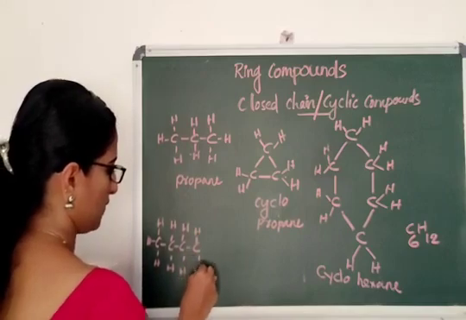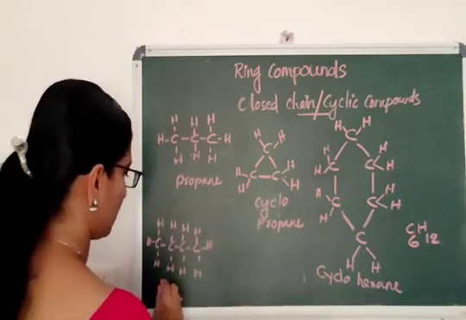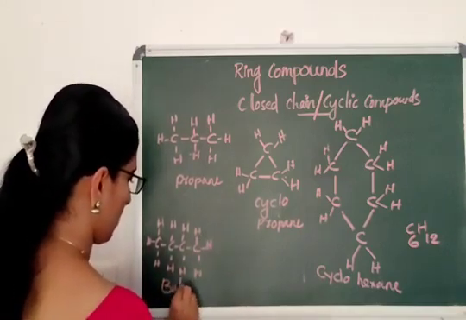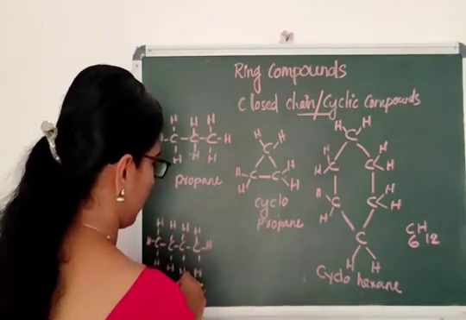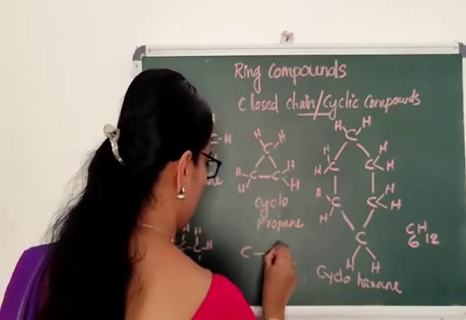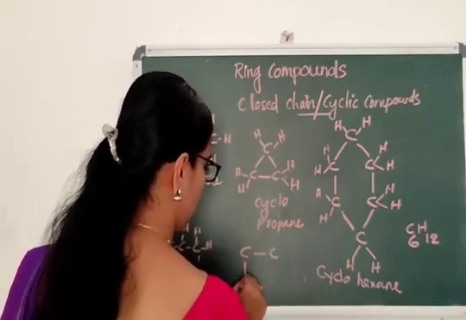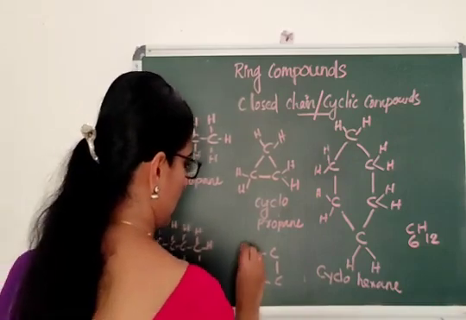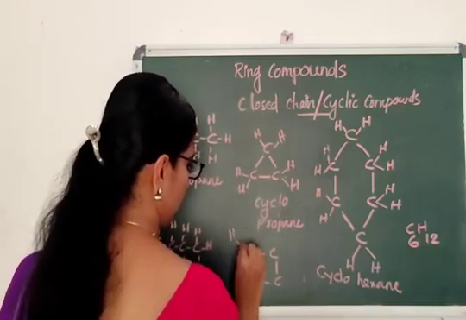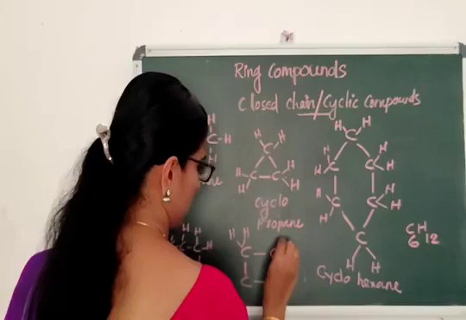This is butane. How do I convert it to cyclobutane? Just close the 4 carbon with the ring, and satisfy the remaining valencies with hydrogen.